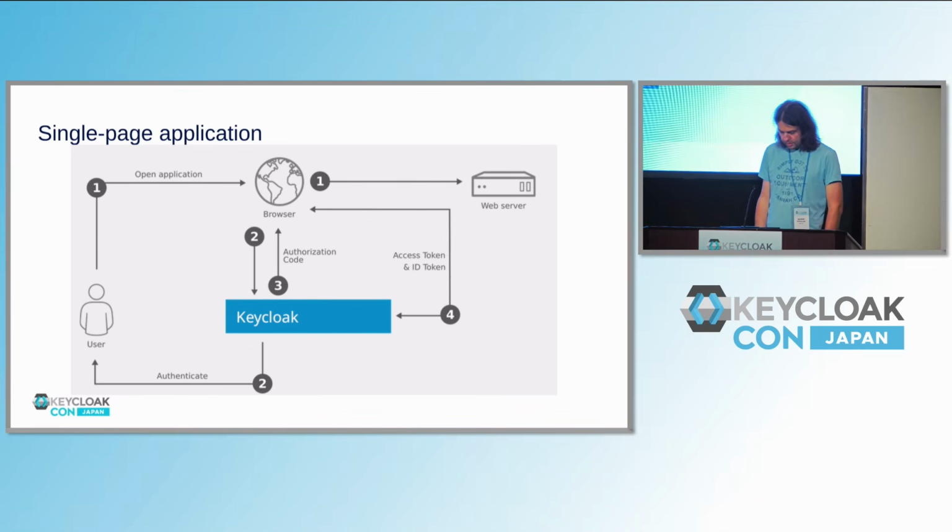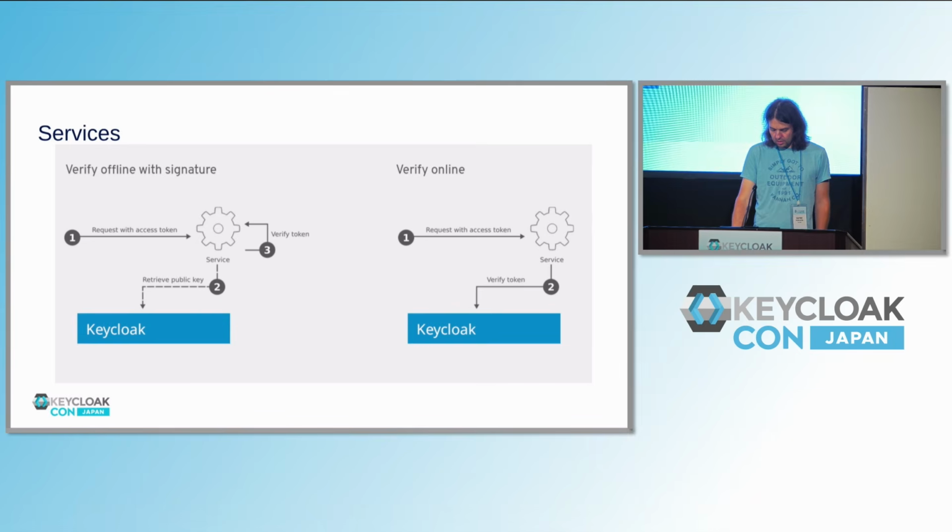And in single page applications, but also in other applications, there could also be an access token available, and the access token is useful to call REST services, so that the application can grab data from other applications or services in the microservice architecture. It can use the access token to access the service, and the service which is secured by Keycloak will then need to verify this token.